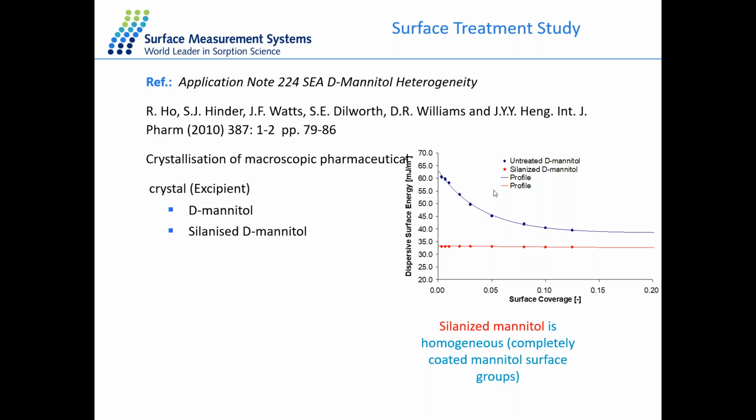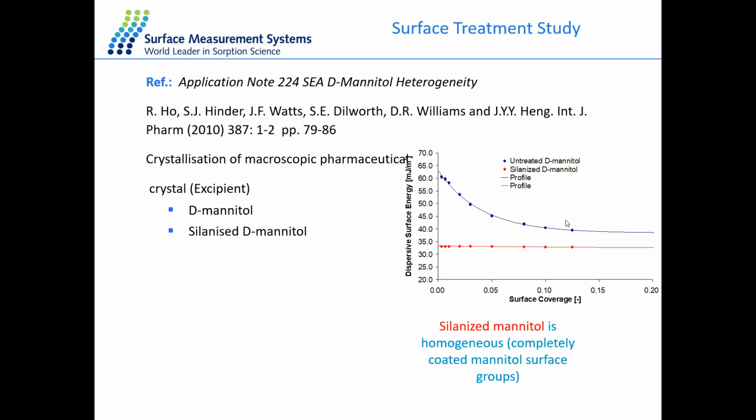First of all, what we can see is a clear difference in the dispersive surface energy. Cyanidized D-mannitol has a lower surface energy compared to our treated D-mannitol. What we can also see is a different kind of profile. We can see a more linear profile with regards to the cyanidized D-mannitol and a more curved profile with regards to D-mannitol.